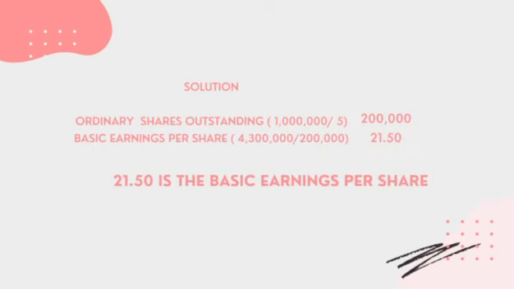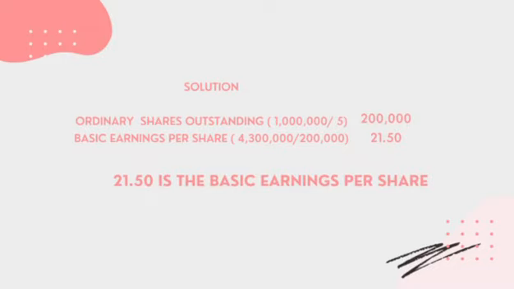Solution for problem number 3. To get the basic earnings per share, we have to divide the ordinary shares outstanding, which is the 1 million, by the par value of ordinary shares, which is the 5 pesos. So 1 million divided by 5 will be equal to 200,000.